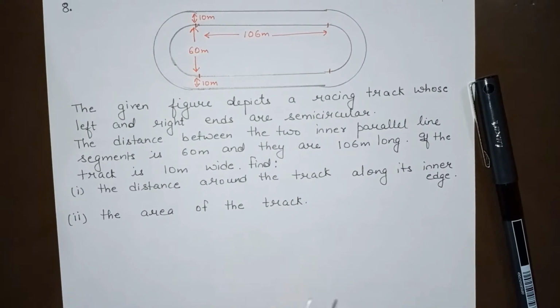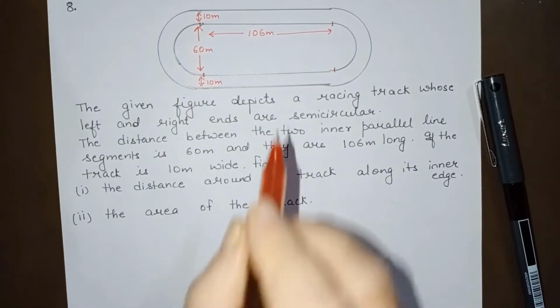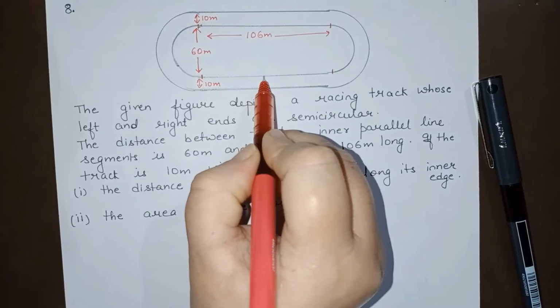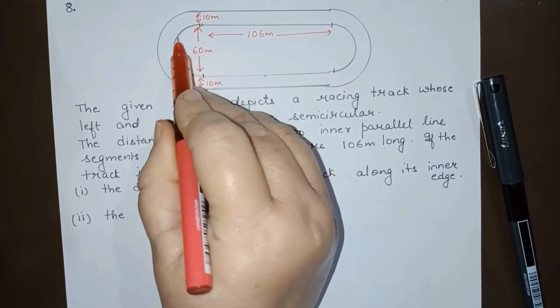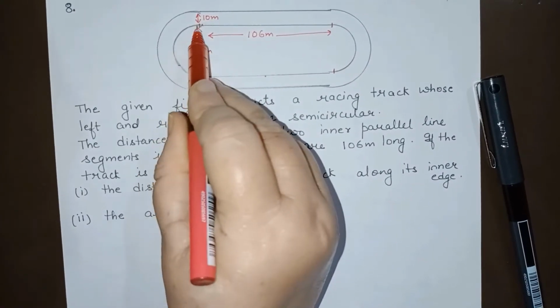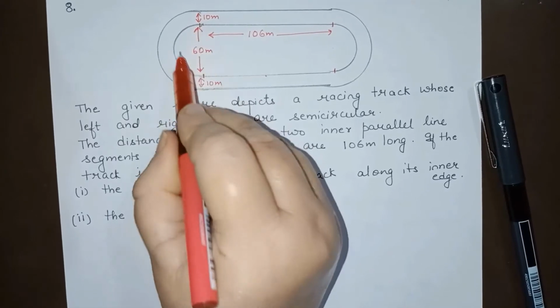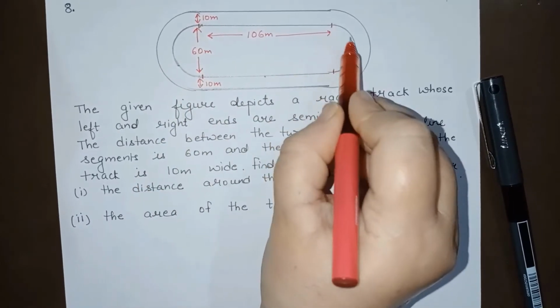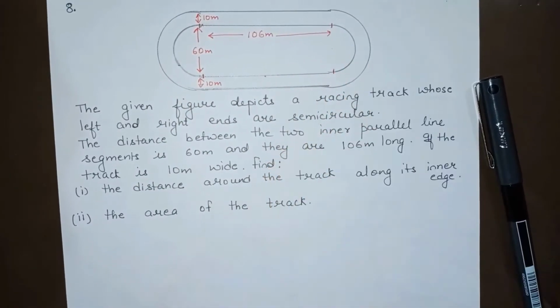So total length along the inner edge will be 106 plus 106 plus the circumference of the inner semicircle from here and the inner semicircle from here.